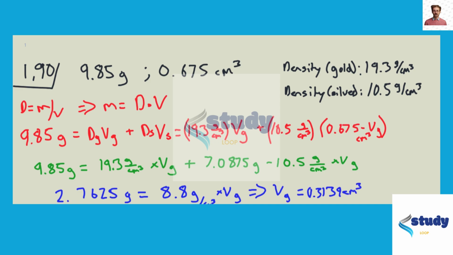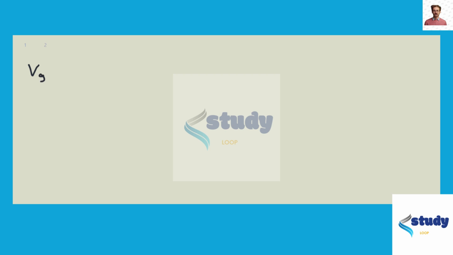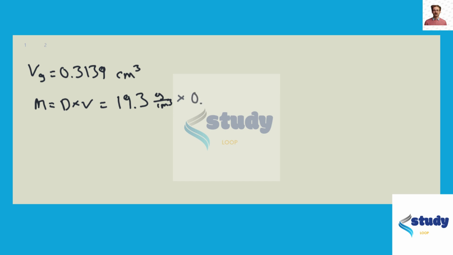Now let's open a new page here. Let's rewrite this volume of gold as being 0.3139 centimeters cubed. We can calculate the mass by multiplying density times volume. So the density is 19.3 grams per centimeter cubed. We multiply that by 0.3139 centimeters cubed, and we get the mass of gold as being equal to 6.058 grams.